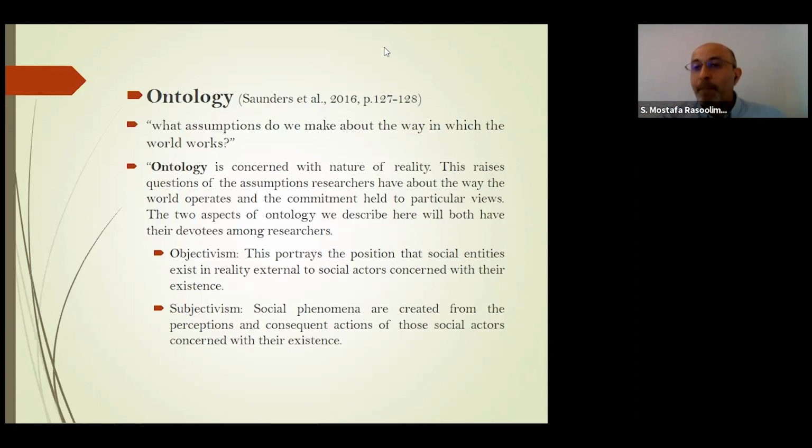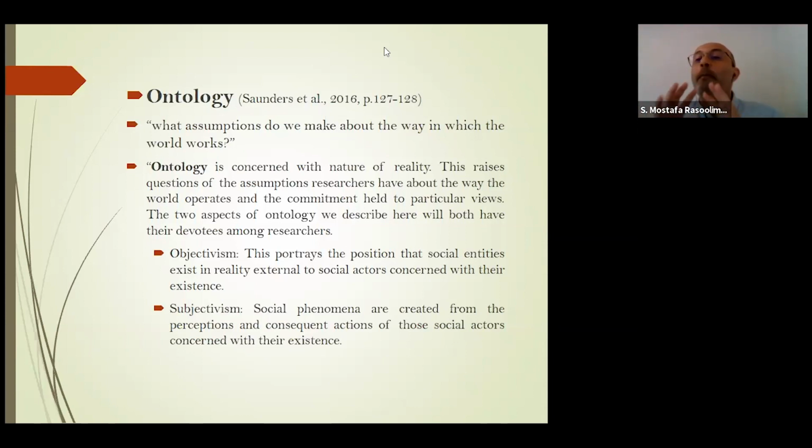And the attitude, belief, and value of each person should be understood separately and independently from other people.